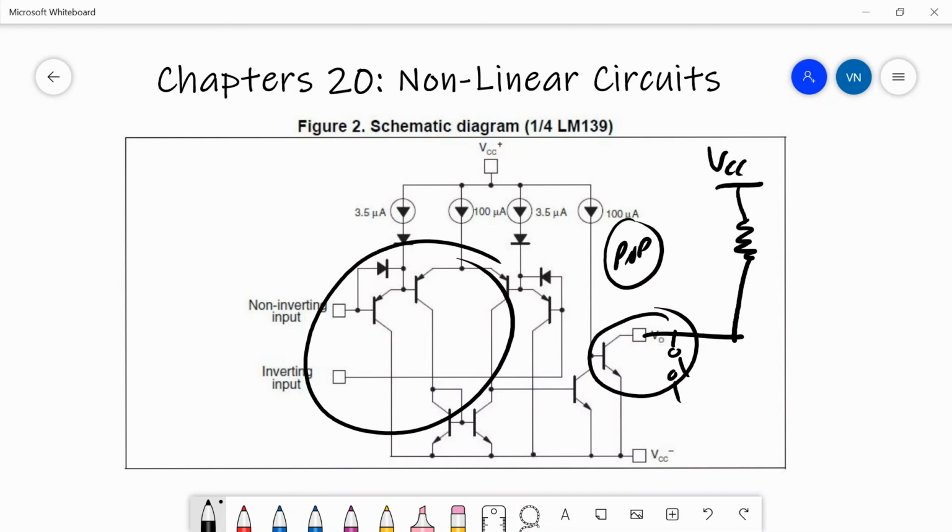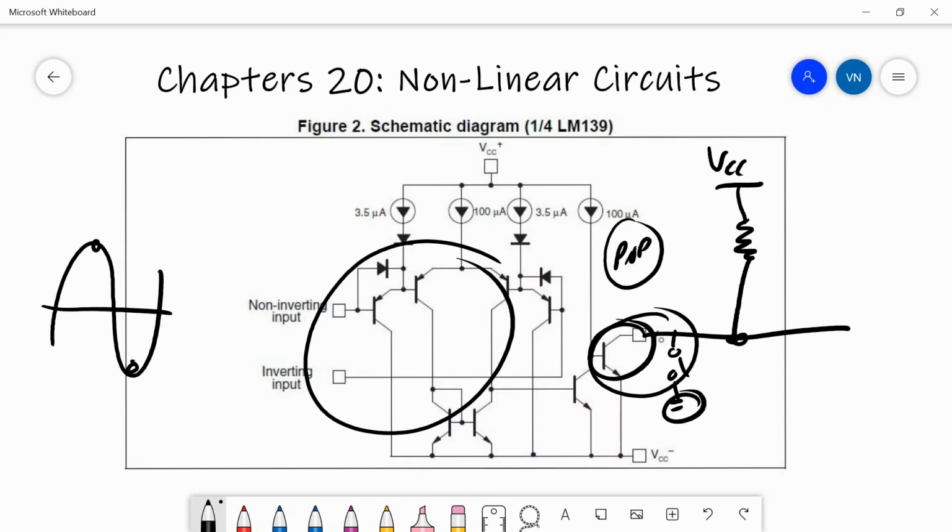And now the output will go to that level when this transistor is open circuit. So this can be used to convert large voltage swings to a range that is determined by the negative supply and this VCC, which is external parts to the comparator itself.